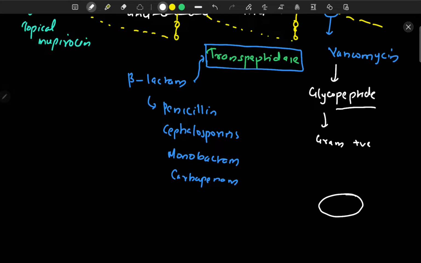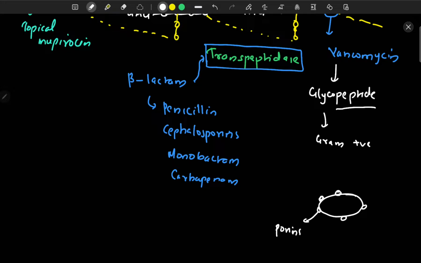But in the gram negative bacteria, it is tightly packed and there are porins. Outer to the cell wall of the gram negative bacteria, there is a lipid layer and there are porins.